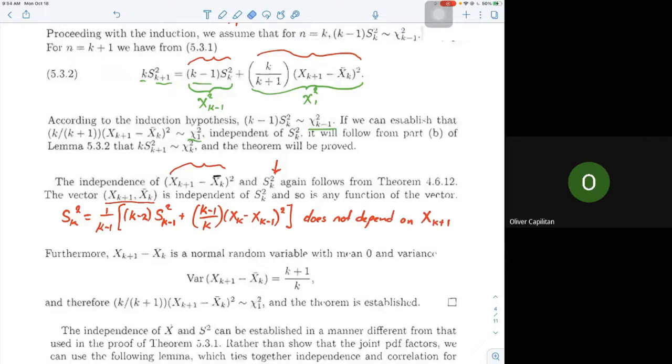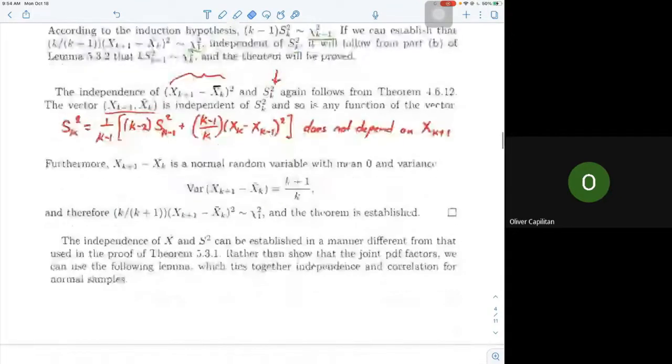Yung kulang na lang is to be able to show that this expression, the second expression on equation 5.3.2 has a chi-square distribution with 1 degree of freedom. So it says there, furthermore, x sub k plus 1 minus x sub k bar is a normal random variable with mean 0 and the variance we have here.